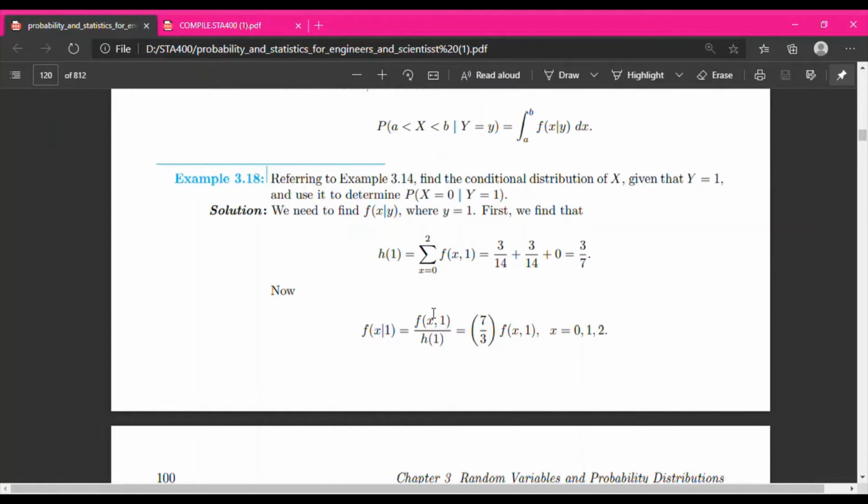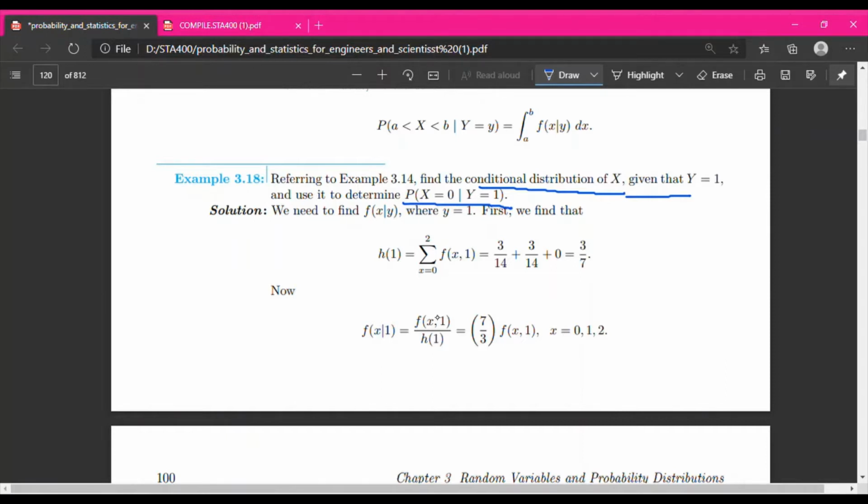In order to find this probability, we need the conditional distribution for x first, for x given y. Why? Because we want to find the probability of x given y, so we have to find the distribution for x given y. Given y equal to 1, because here it asks for the probability given y equal to 1. In fact, you can find the probability of x given y equal to 2 and so on.